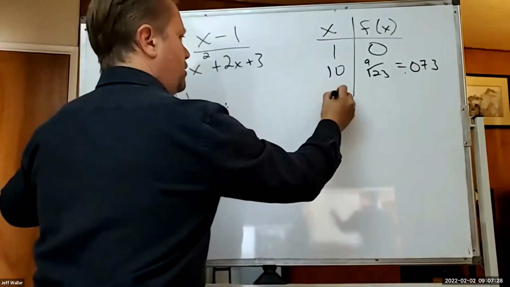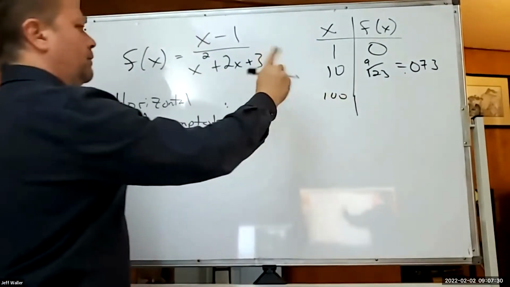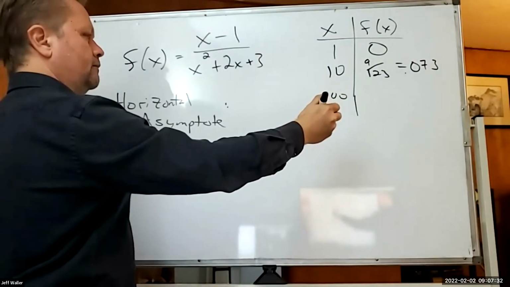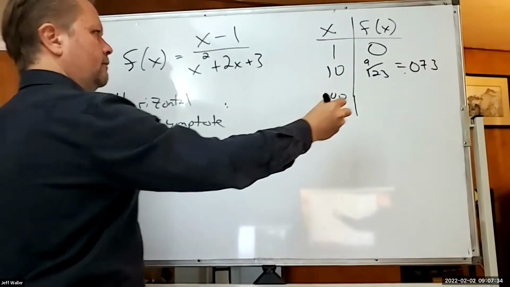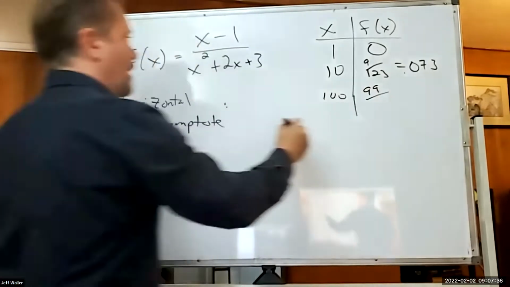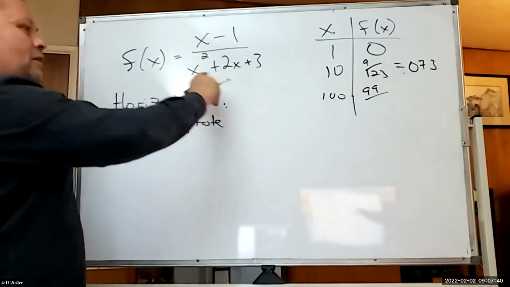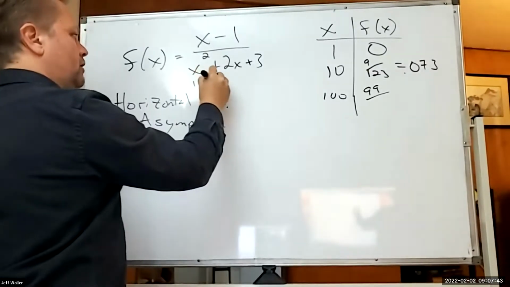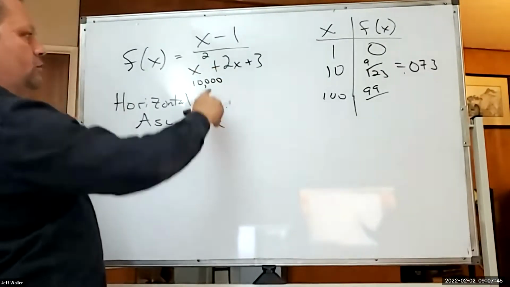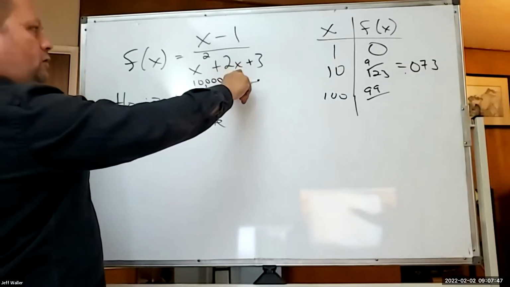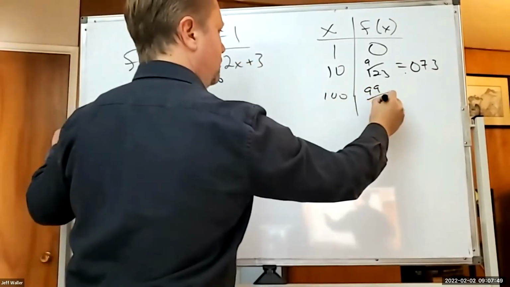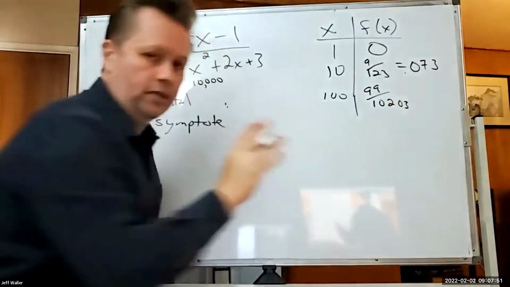Now, what if I put 100 in? What's the top? 99. And what's the bottom? 100 squared would be 10,000, so it'd be 10,203. Is that cool? Is everybody with me?